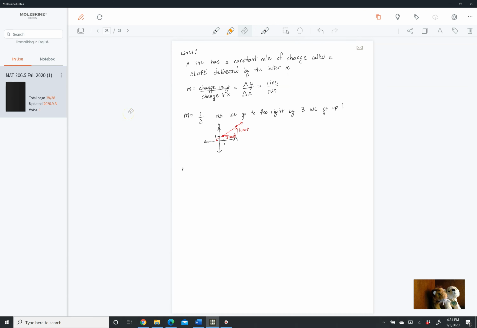If our slope were 2 over 5, this would be saying, okay, if we go to the right by 5, so if we add 5 to our x value, we're going to go up 2 on our y.